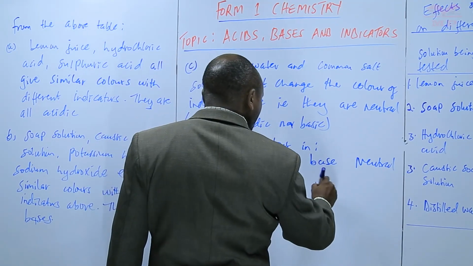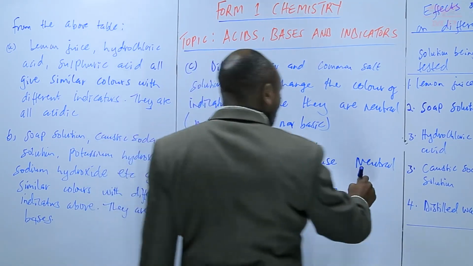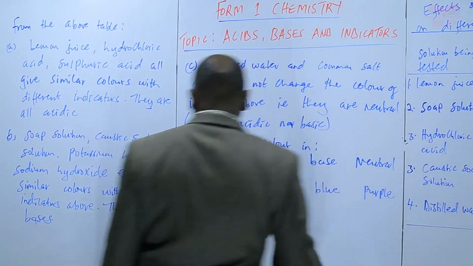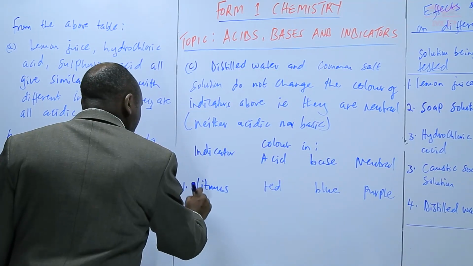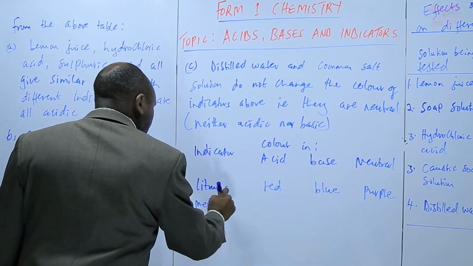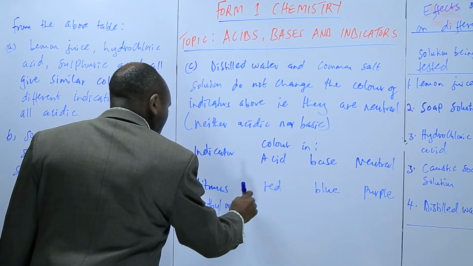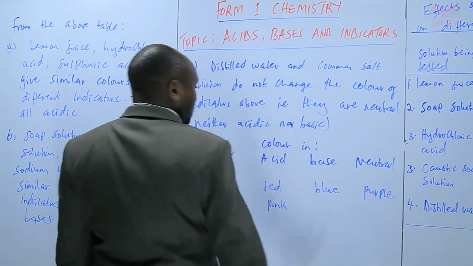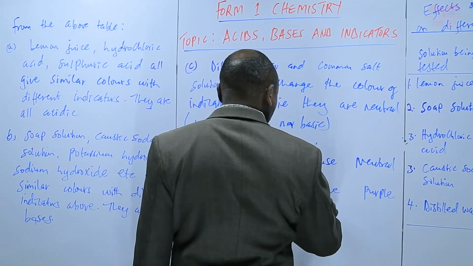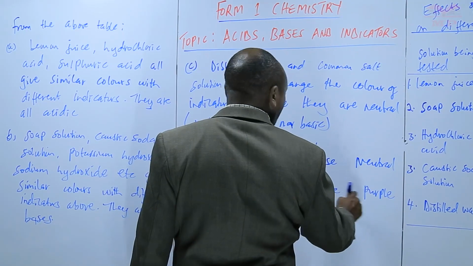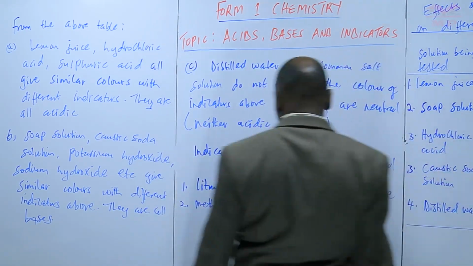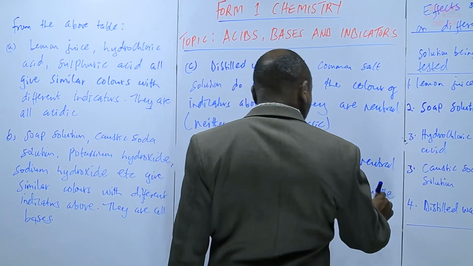In base, it is blue. In neutral, it's purple. So we are summarizing this from here. If it is methyl orange, in acid, it is pink. In base, it is yellow, as we can see there. And then in neutral, it's orange.